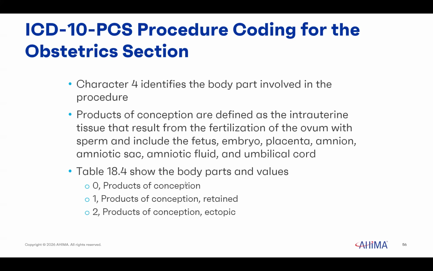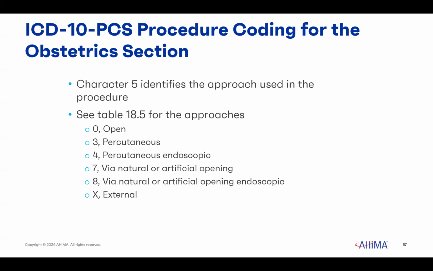Now let's take a look at the 5th character. The 5th character, just like any other PCS code, is talking about the approach, right? And just like any other PCS code, the approach is going to tell you how the procedure was performed. We see the same types of things we've seen in other chapters: 0 for open, 3 for percutaneous, 4 for percutaneous endoscopic, and so on.